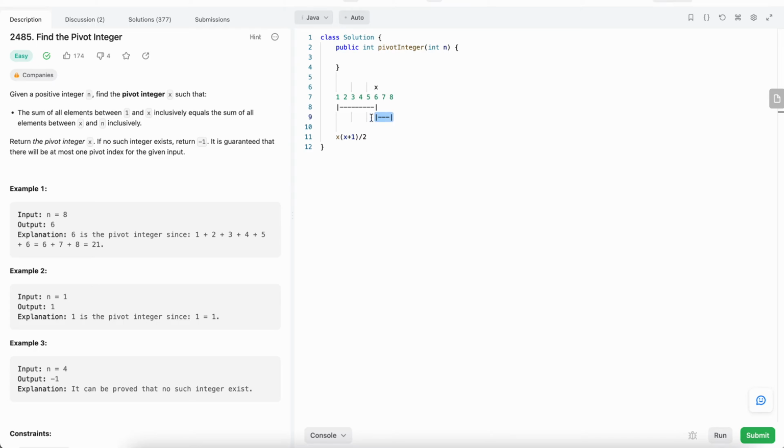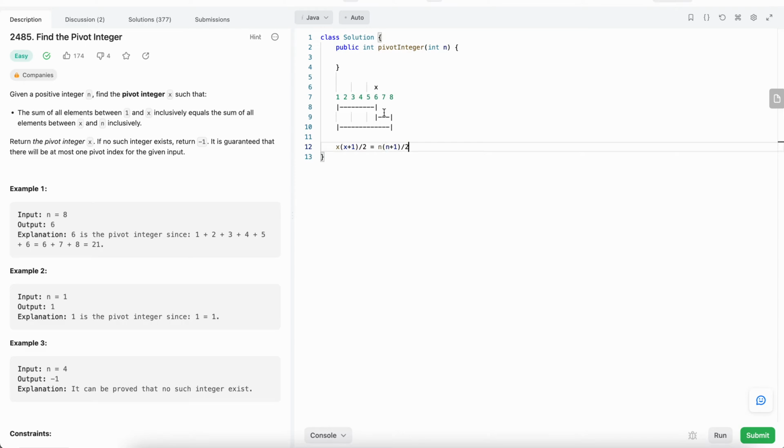Well, this sum over here is simply the sum of everything from 1 to n minus this, right? But then that would exclude 6 because 6 is part of this, and then plus 6 because we need to include 6. So the whole sum is n times n plus 1 over 2, right?